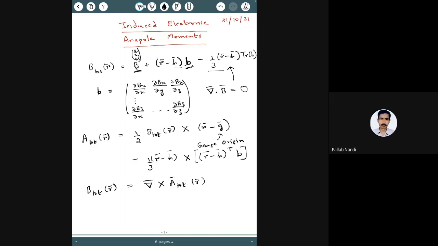But they will again be different properties. If you are only interested in anapole moments, it's sufficient to use up to linearly changing, because what you need is just the curl of the field.